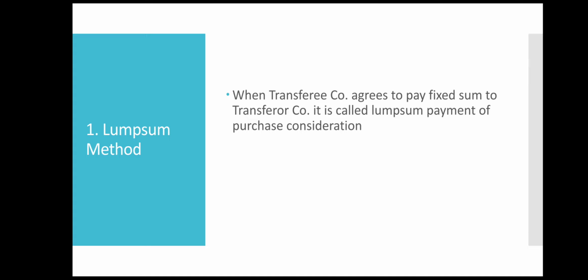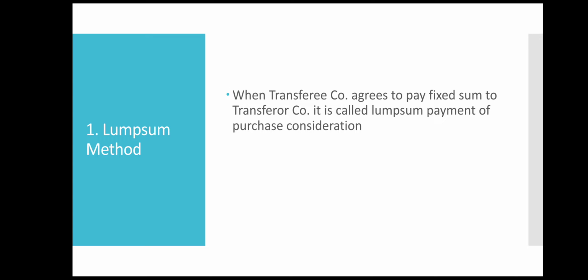So when an amount is decided, that is called as lump sum method. That amount is paid and the purchase consideration is settled. So this is a very simple method of calculating purchase consideration, wherein a fixed sum is decided and it is paid to the selling company, by which you can easily purchase the business.